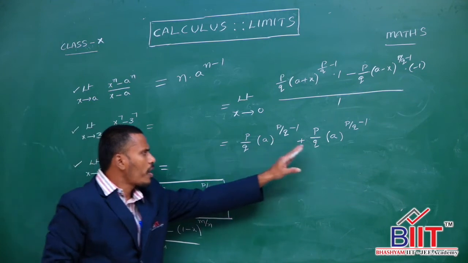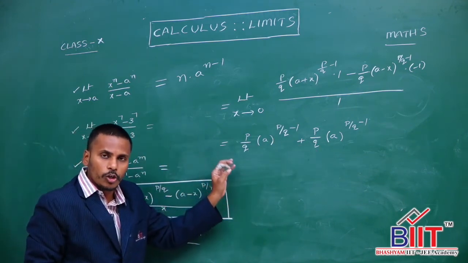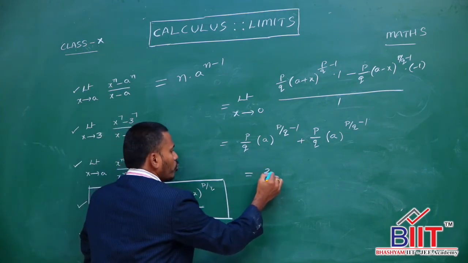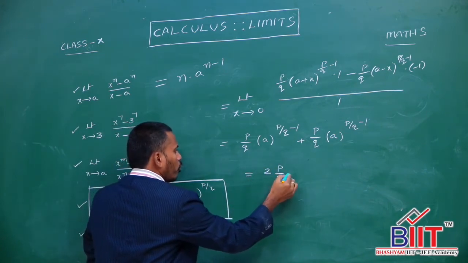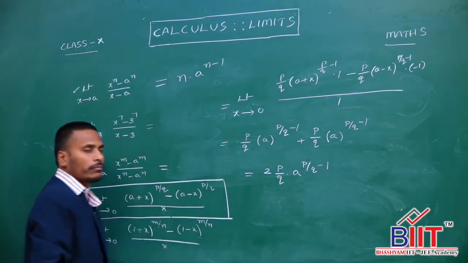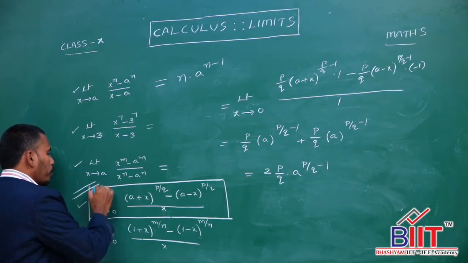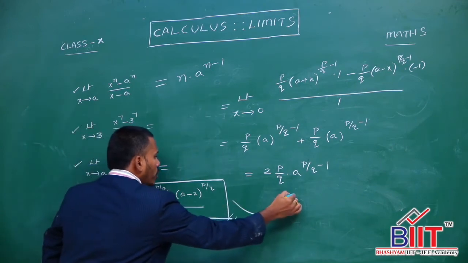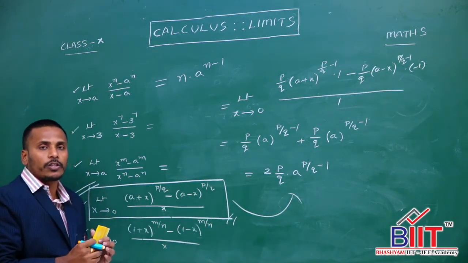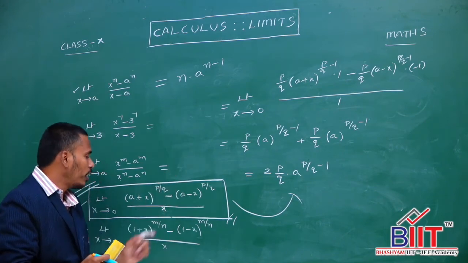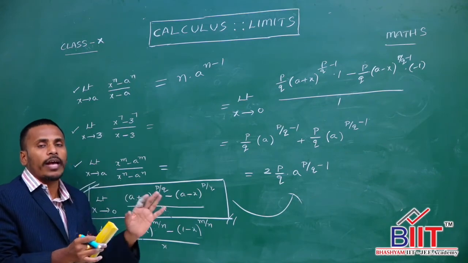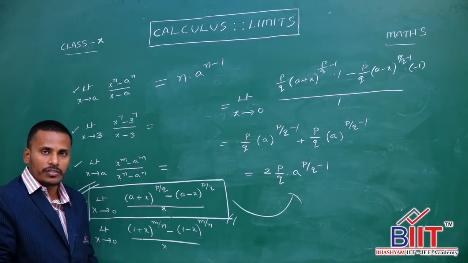So, both the quantities are the same, p by q, a to the power p by q minus 1. If you add these two, 2 p by q into a to the power p by q minus 1. And finally, for this particular problem, your answer is 2 p by q into a to the power p by q minus 1. This particular formula helps you in many situations to write the answers directly.